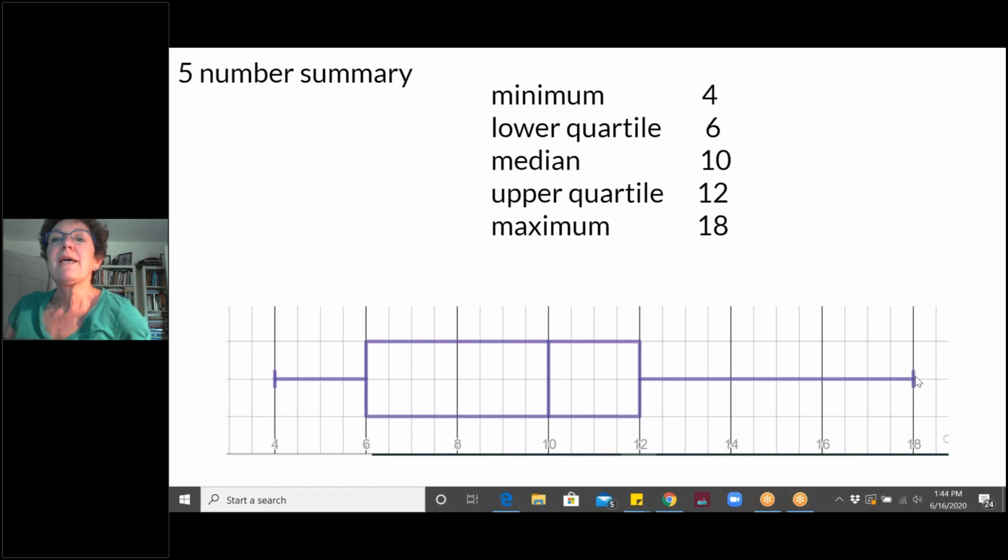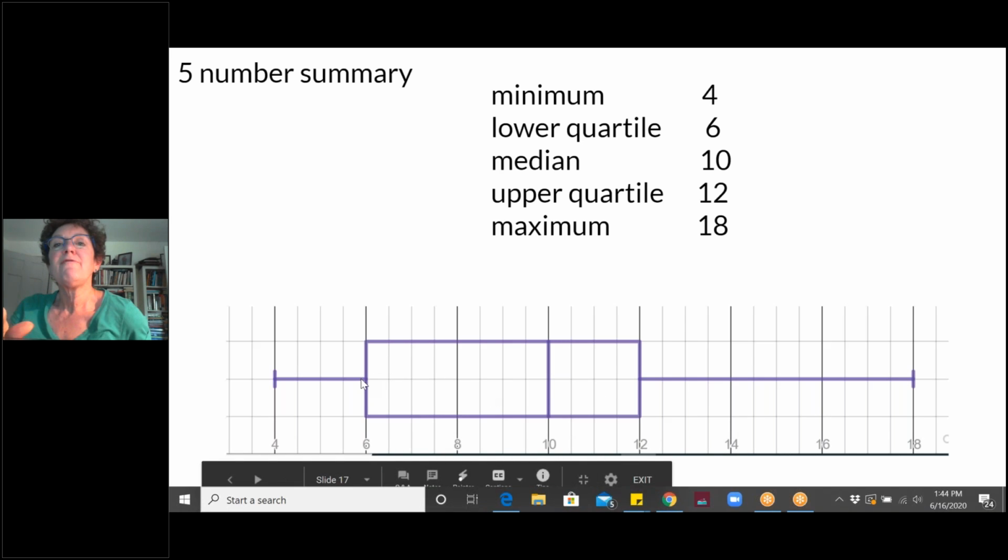So just looking at this data, and this is one of the reasons I really like a box and whisker plot, it is visual. I can see how my data is spread out. I know that 25% of my players worked out 6 hours or less, between 4 and 6 hours.